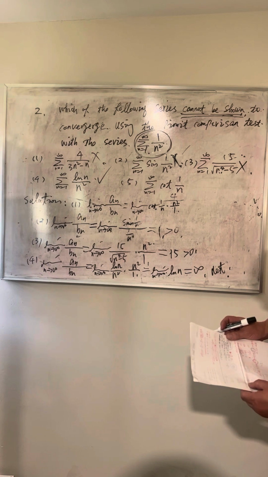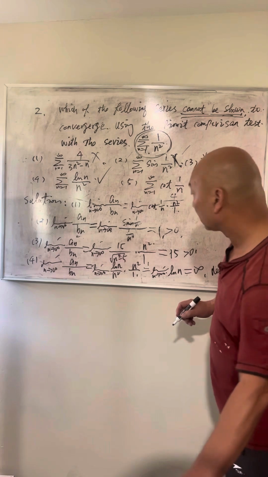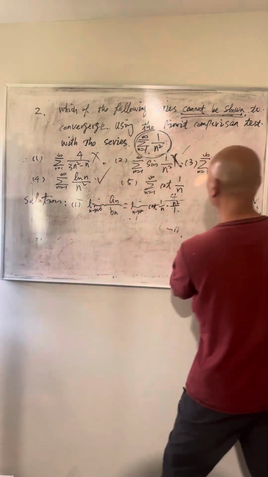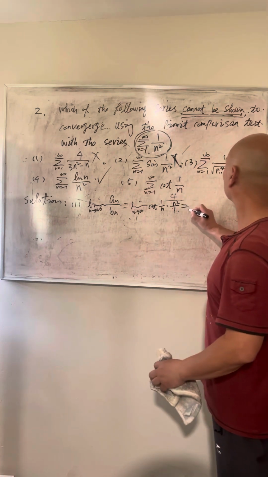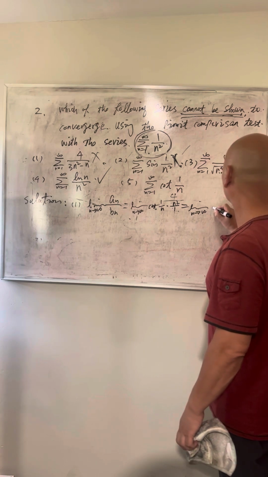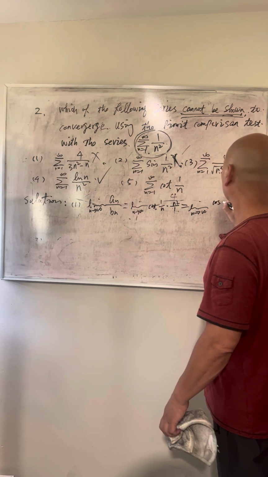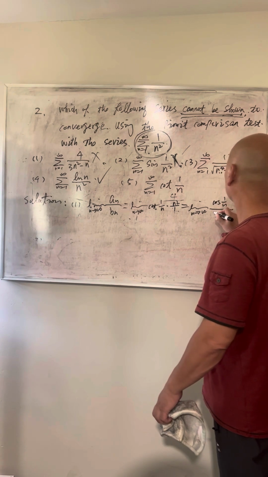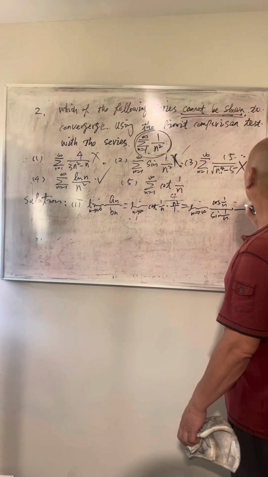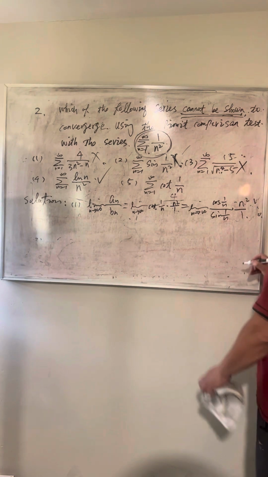Number 4, n squared, yes. This one I can write with cosine and sine, times n squared, 1 over n.